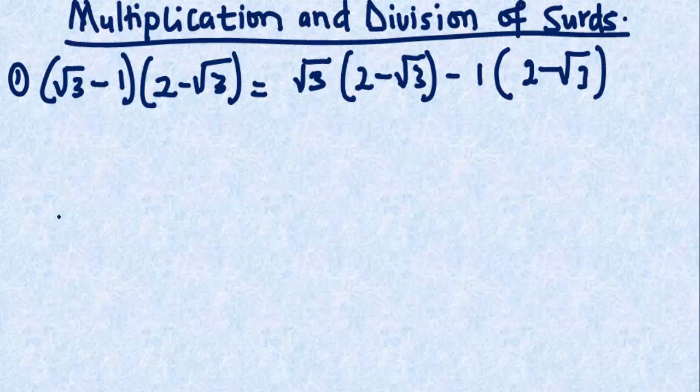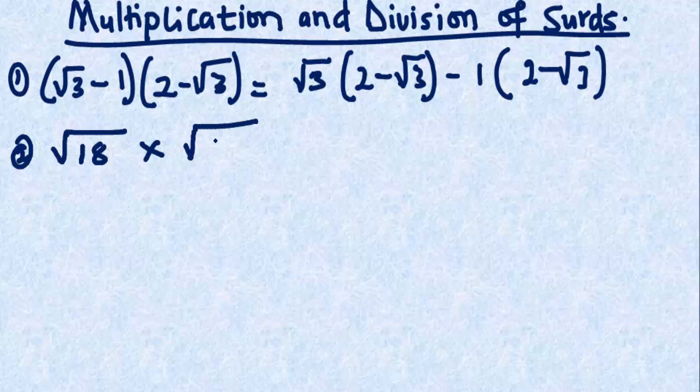Take note, if you have root of 18 multiplied by root of 75, in this case you have to reduce them to the basic form. Because sometimes you don't use a calculator, multiplying 18 by 75 will be a little bit tedious.